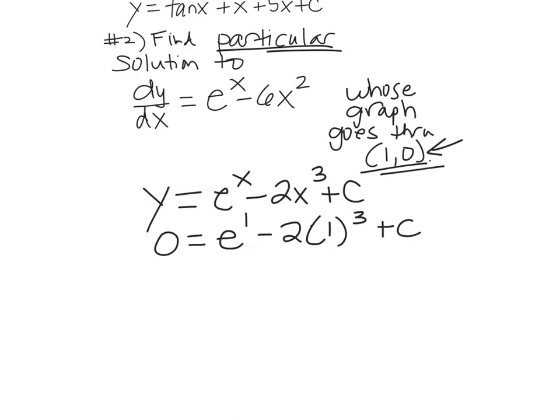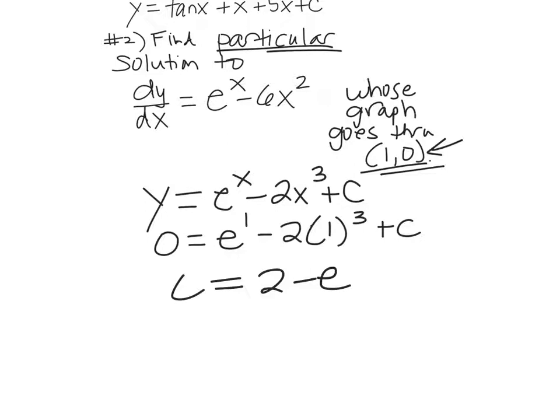And so we're going to solve for c. So c would then equal 2 minus e? Yeah. So c equals 2 minus e. Once you do the whole thing, you bring the e over. And then this is just 2 times 1 cubed, which is 2. Add 2 to the other side. And then go back and plug it into your answer.